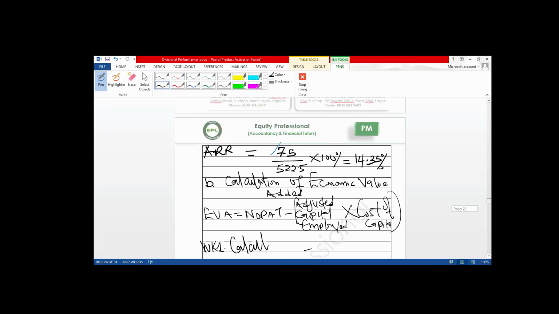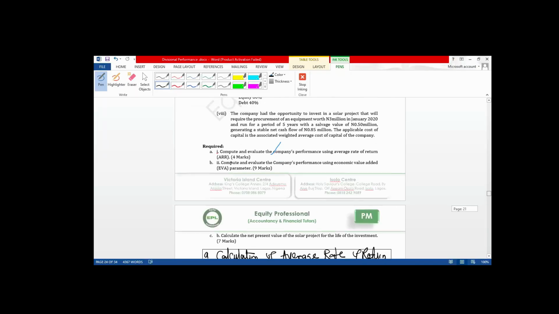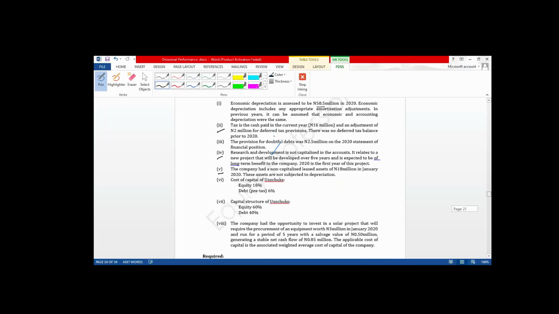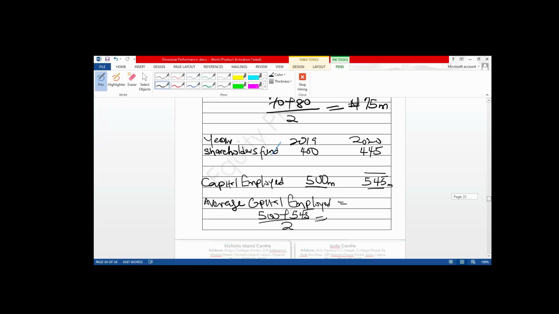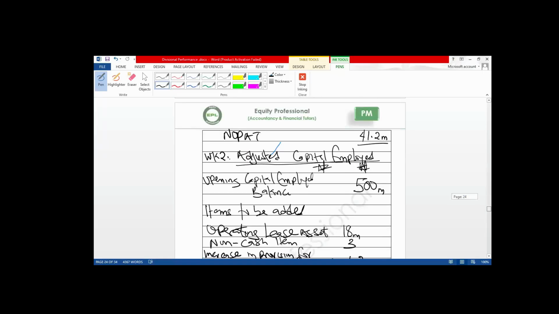I'm trying to quickly round up the question. Look at cost of equity, 18%. Cost of debt pre-tax, 6%. Percentage of equity, 60. Percentage of debt, 40. Our tax rate is 25%. You can calculate your WACC.